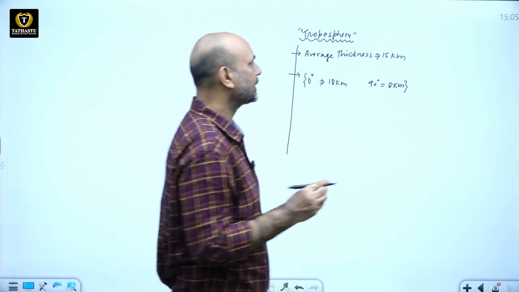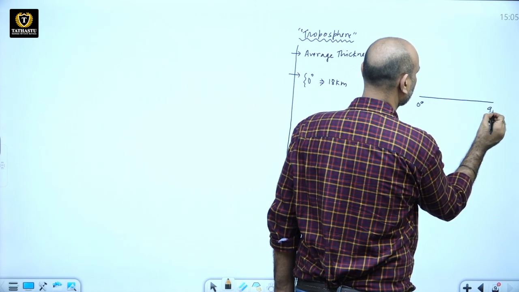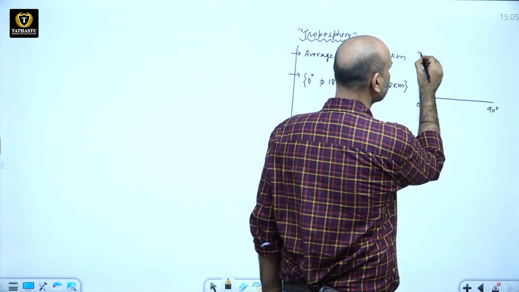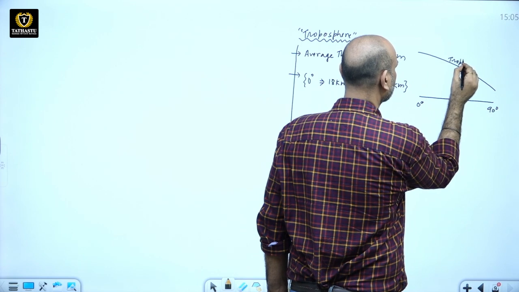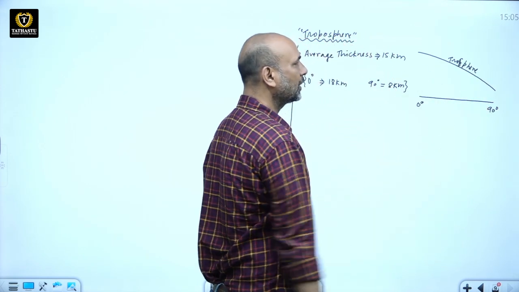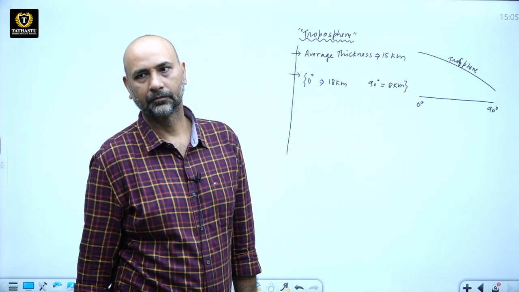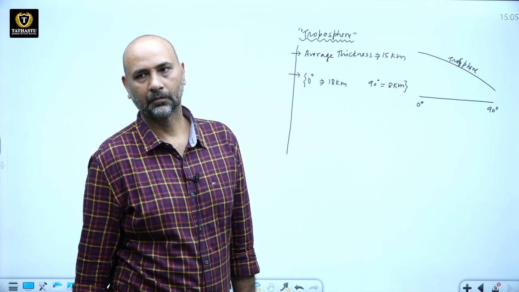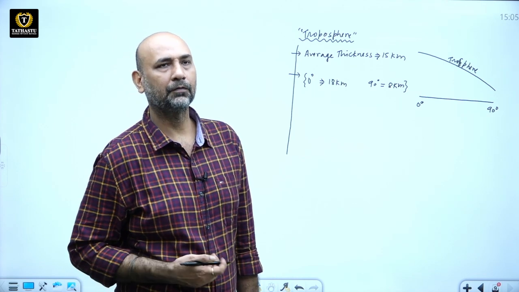Means the thickness of the troposphere, altitude is always on the x-axis, declines from low latitudes to high latitudes. We need to explain why.